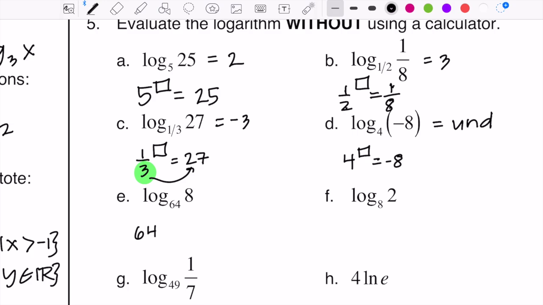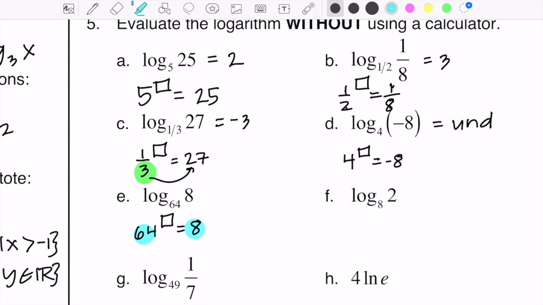This one, 64 to what power equals 8? There are no reciprocal powers, meaning there are no denominators. But when we look at this one, we're looking at this being a bigger number than that. If it was reversed, 8 to what power is 64, that would be 2.